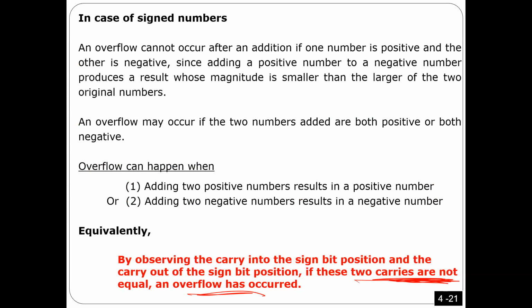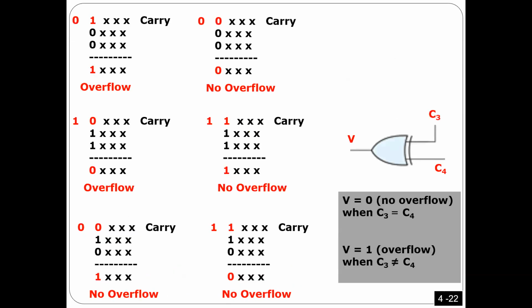Look at the last 2 carries. If they are not equal, that means there is an overflow. So here I try to prove this to you. Maybe I'm going to do it next time, but here I'm just trying to show you that each time I compare whether there is a carry coming in and a carry out. So I'm going to do this one next time. So let's start the test.